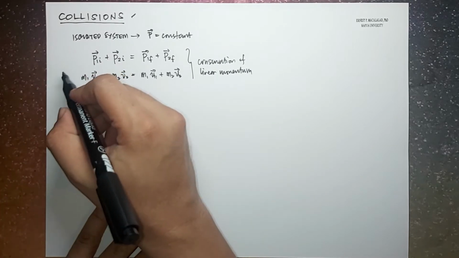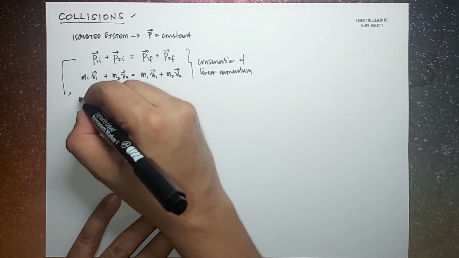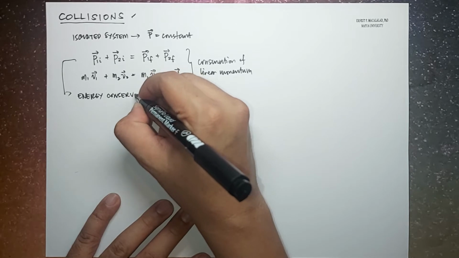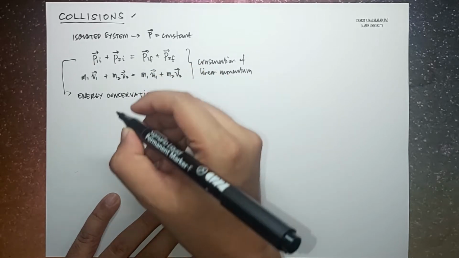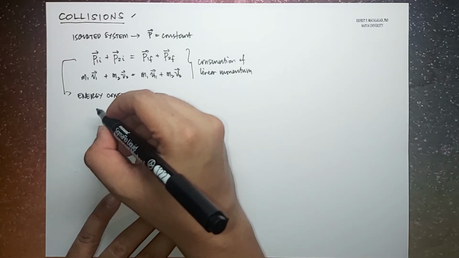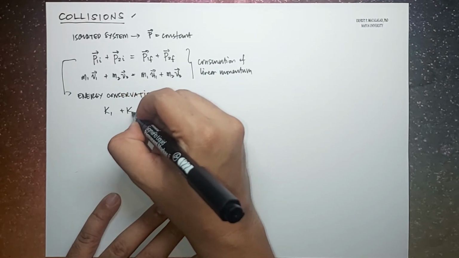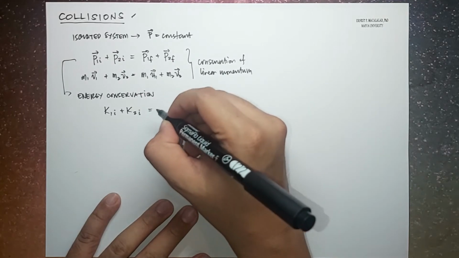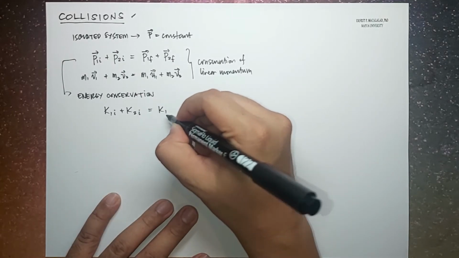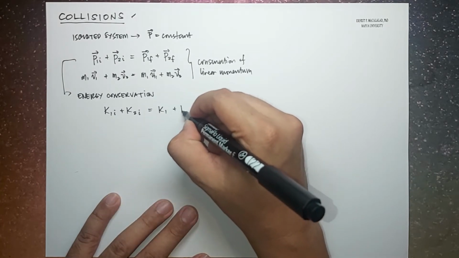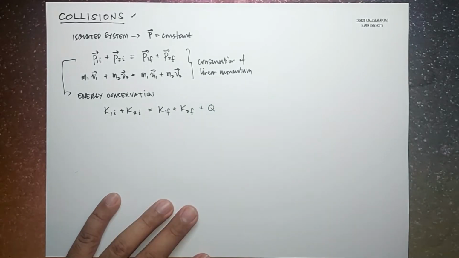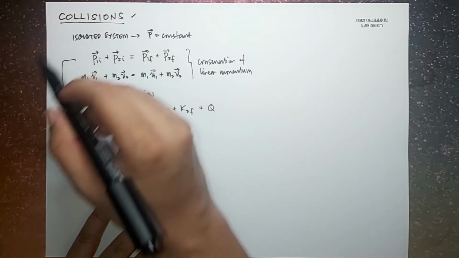Now, on the other hand, conservation of energy tells us that the kinetic energy of the first and the second particle before collision must be equal to the kinetic energy of the first and the second particle after collision, plus some kind of energy lost or gained in the kinetic energy, which is a result of the collision.